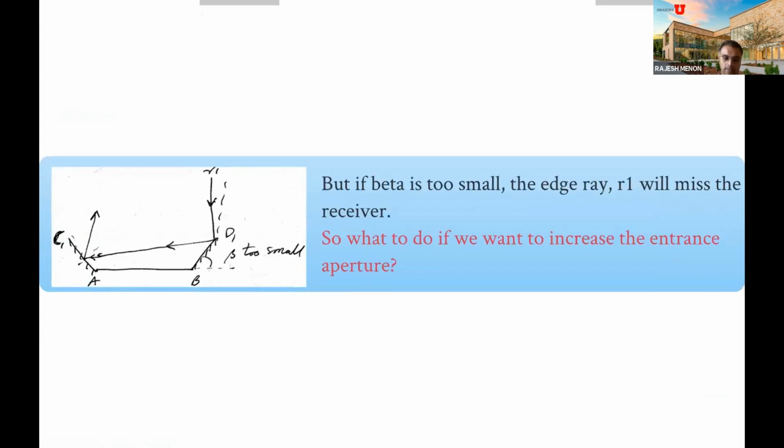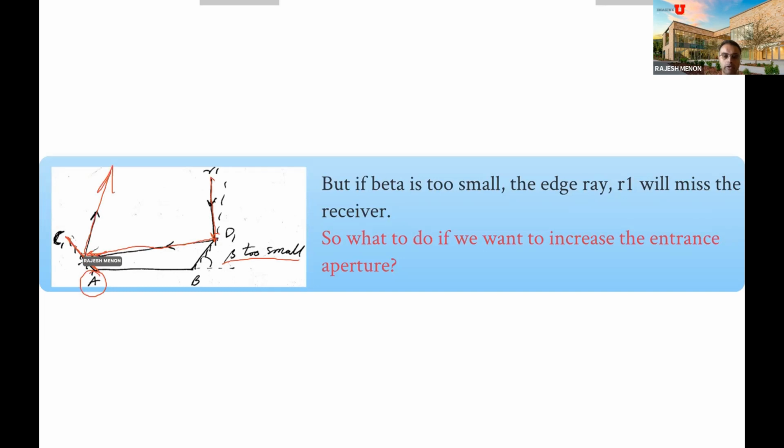Now, let's take the situation if beta is too small. So I didn't select the angle of the mirror properly. Now, of course, what happens is that this edge ray will bend at a larger angle, and instead of going to A, it will go to a distance to the left of A. But because I have a symmetric situation, I have a mirror here, that ray will simply escape the system.